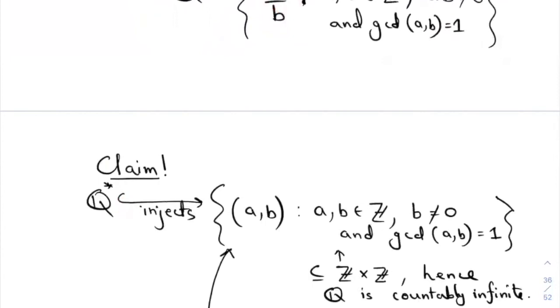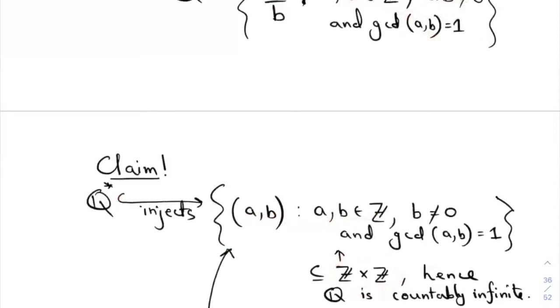I can find an injection from Q star to this particular set: A over B, I'm going to send it to A comma B. That's it, and all the conditions are just the same. If I can somehow show that this map, A over B being sent to A comma B with these restrictions, is an injection, then I'm through, because this set is certainly a subset of Z cross Z.